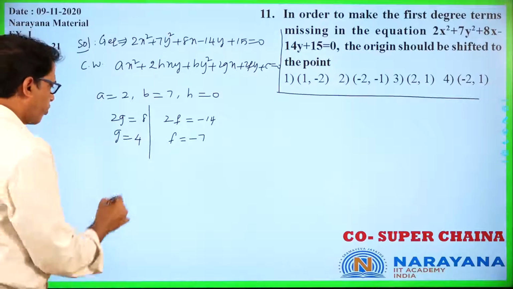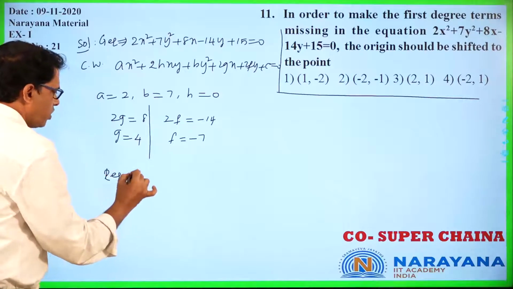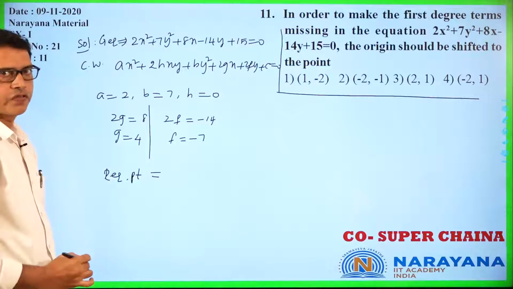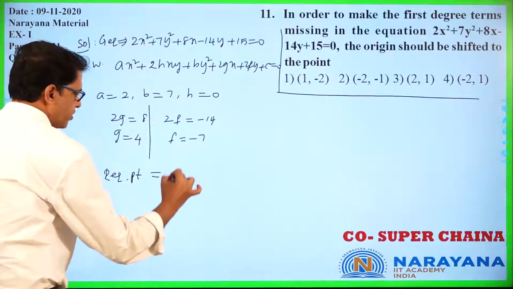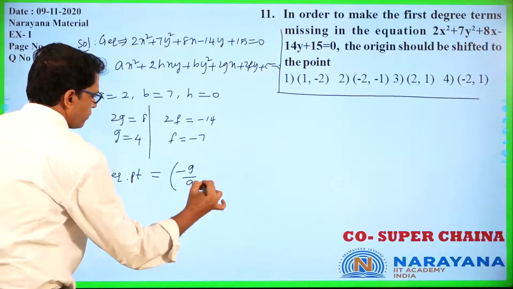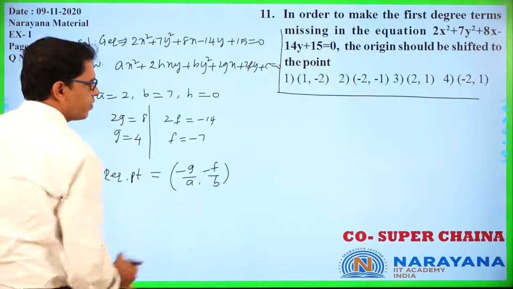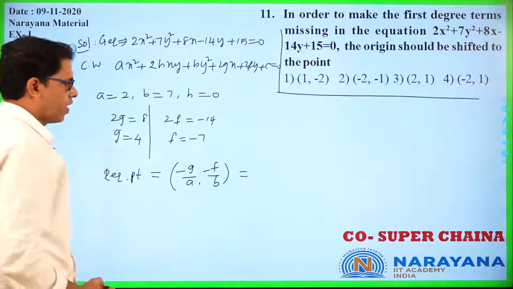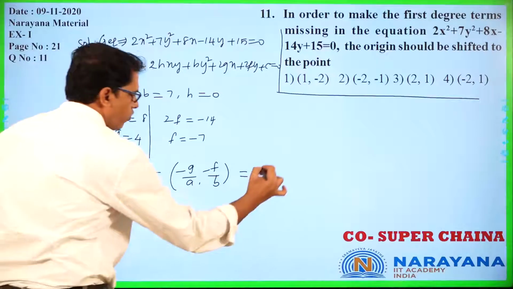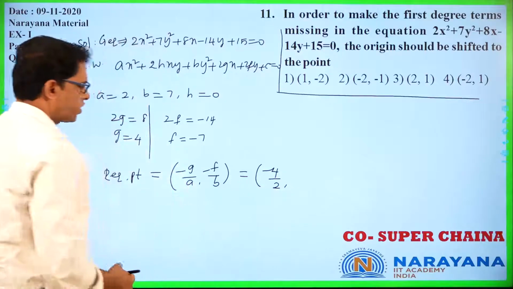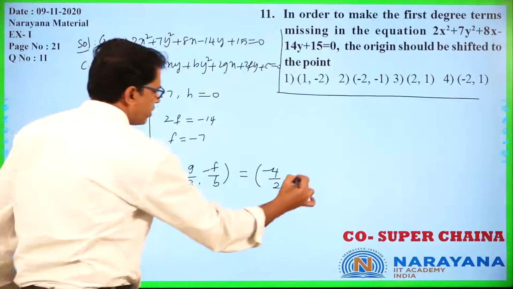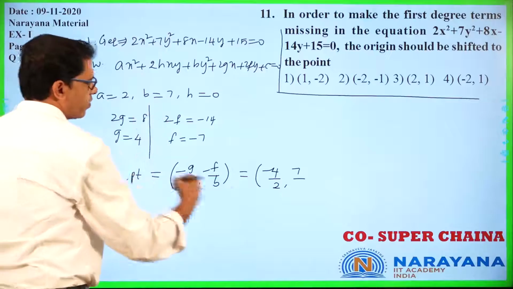Therefore the required point: if h value is 0, what is the translated point? Minus g by a, comma, minus f by b. So minus g by a is minus 4 by a value 2, and minus f by b is plus 7 by b value 7.